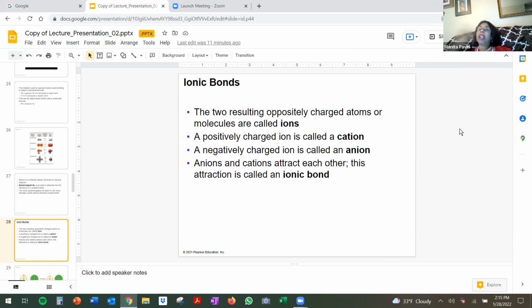They donate the electrons to me. When they give away the electron to me, I am becoming negative. Why? Because an electron has a negative charge. They gave their negative charge to me. I become more electronegative.